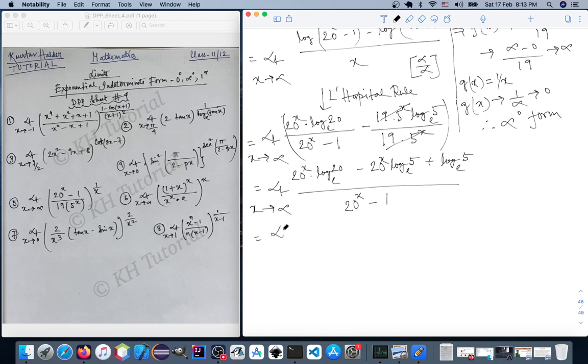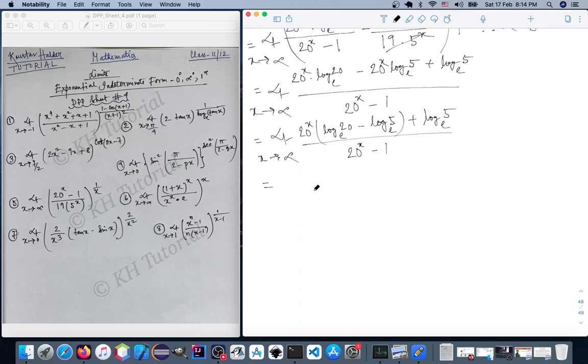Okay, this is limit x tends to infinity 20 to the power x log 20 minus log e 5 plus log e 5 divided by 20 to the power x, log 20 by 5 minus 1.